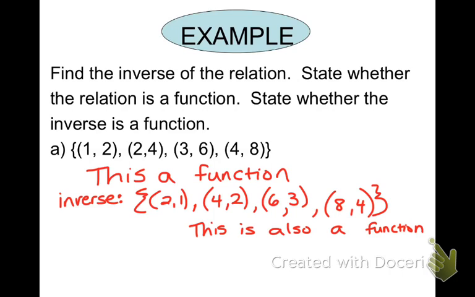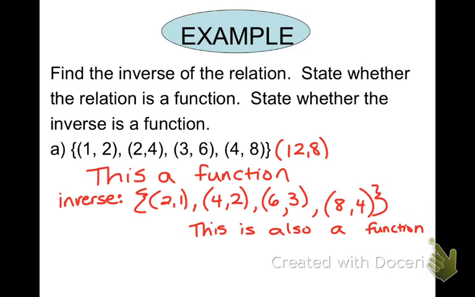So if I add (12, 8), we still have a function up here, right? But if I do the inverse of (12, 8) down here, it becomes (8, 12), which is no longer a function. Okay? So it's really easy to find inverses when you're given ordered pairs.